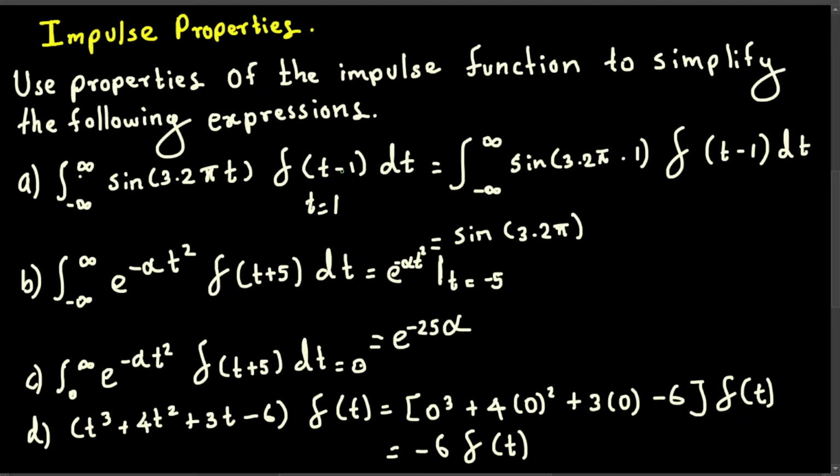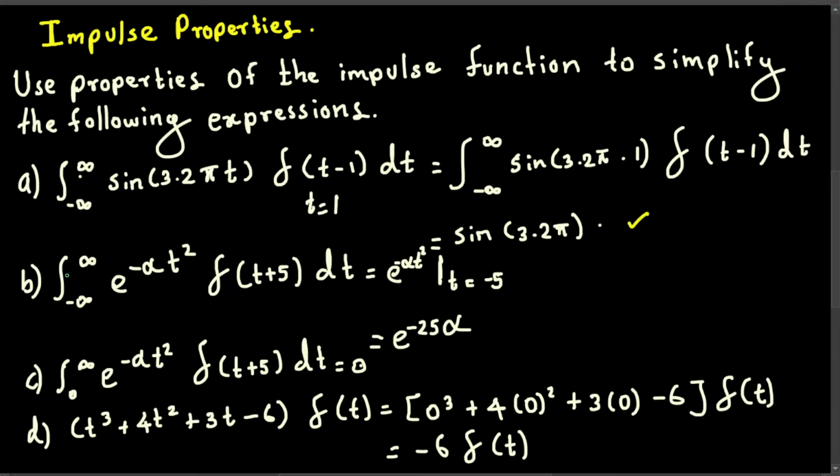But here we have a shift minus 1, so t is equal to 1, and we substitute that for t. This becomes a constant since we don't have any t value, so it comes outside. If you integrate an impulse function, that is 1, so multiplying this constant by 1 gives the constant. So we get this as our final answer.